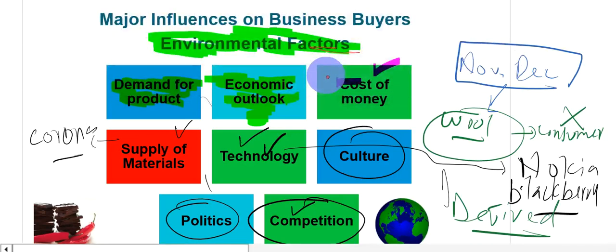So, students, first of all, demand for the product is very important for organizations to take decisions about their purchase, economic condition, then cost of money, then supply of material, specifically the raw material supply, then technology upgradation and advancement and innovation in the technology, then cultural factors, political factors, and competition and competitors.